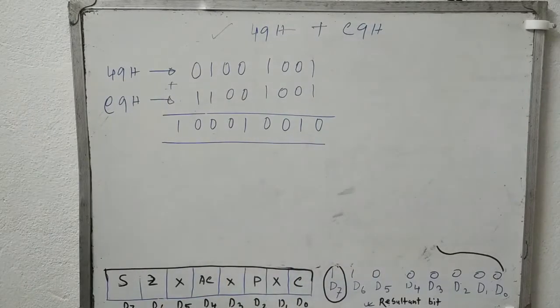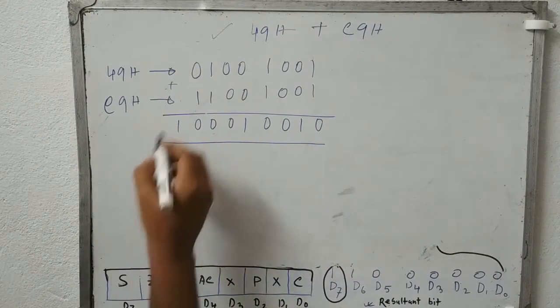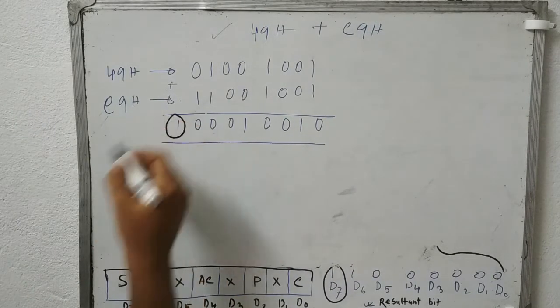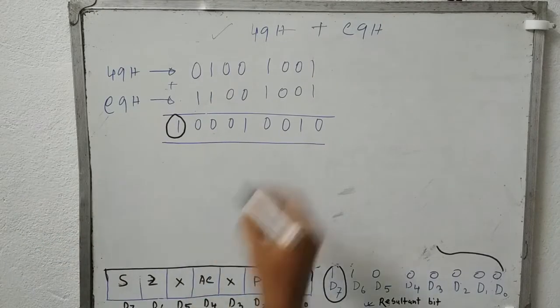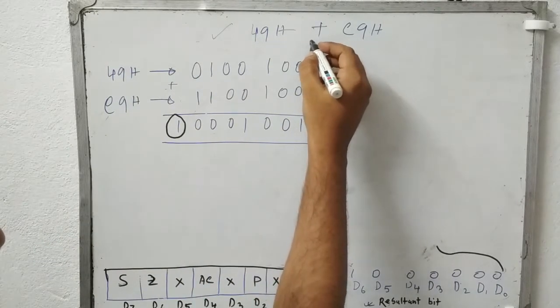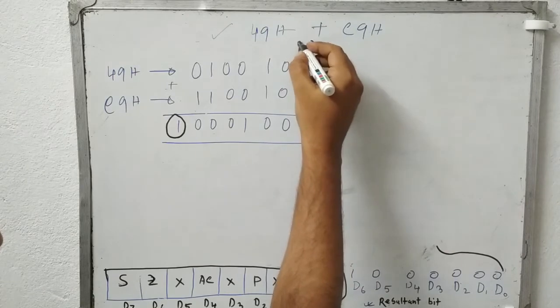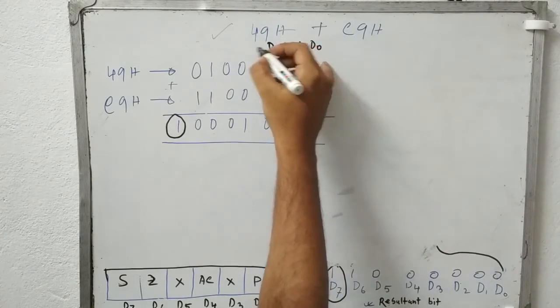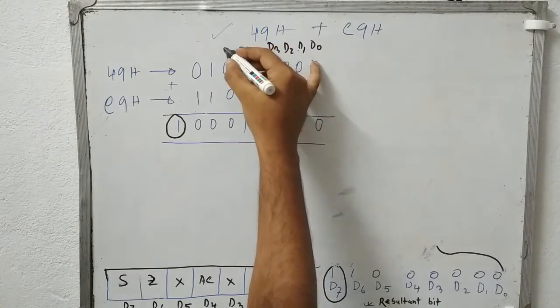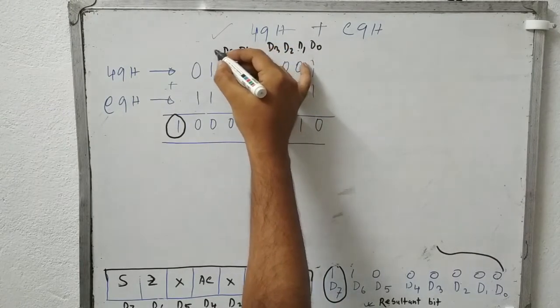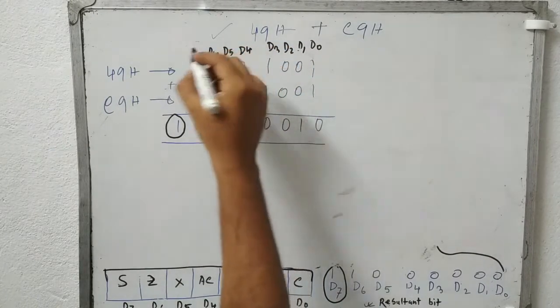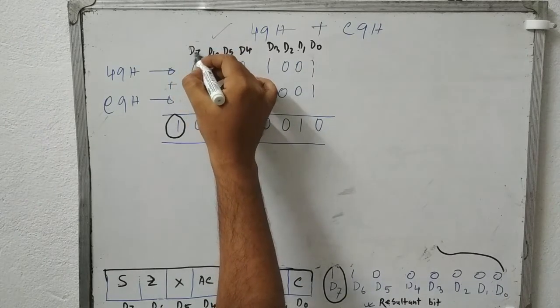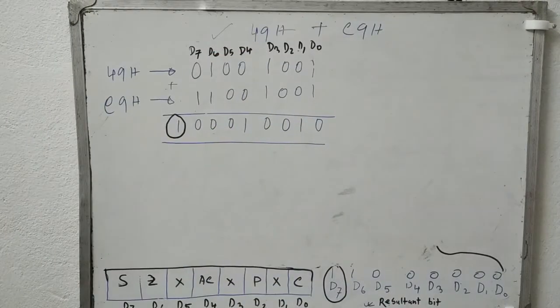That will be our result. As you can see, there is an extra bit, and we mark the bits as D0, D1, D2, D3, D4, D5, D6 and D7.